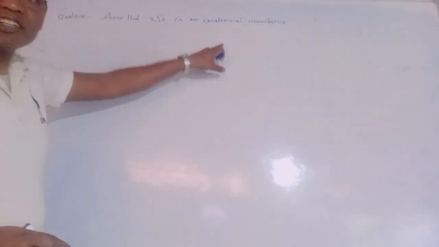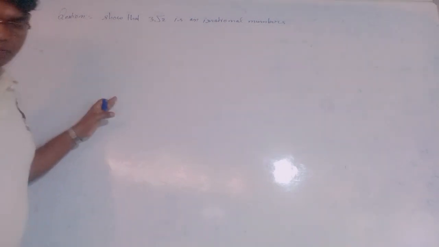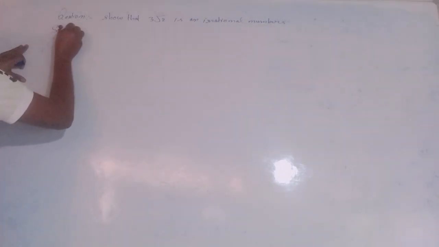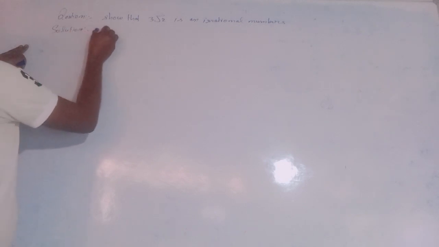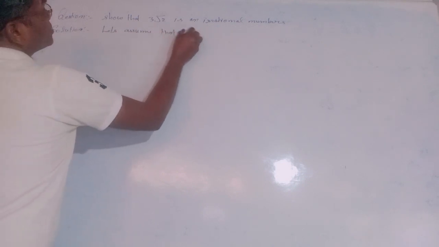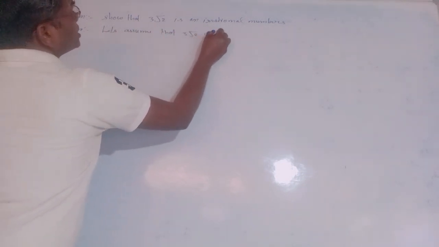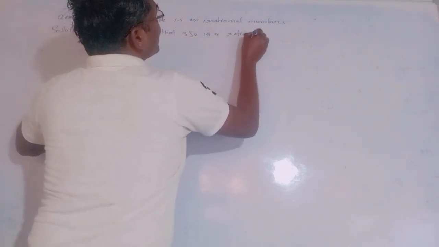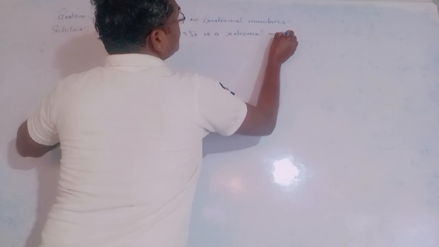So what we will do first is, let's assume that 3 root 2 is a rational number. Solution: let's assume that 3 root 2 is a rational number.